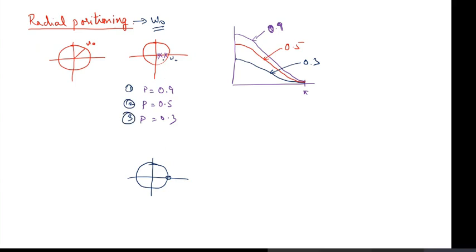Don't misunderstand that these are separate poles. These are all cases: case 1, case 2, case 3. Here also we can have, in case 1, a zero at 1. In the second case we can have a zero at 0.5, and in the third case we can have it at 0.3. Okay, so in this way we will be having.